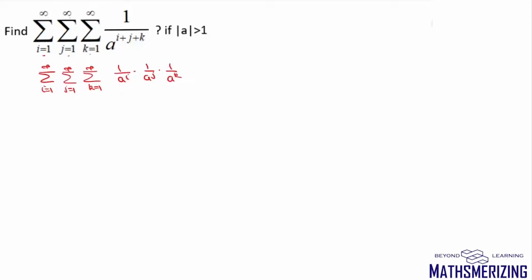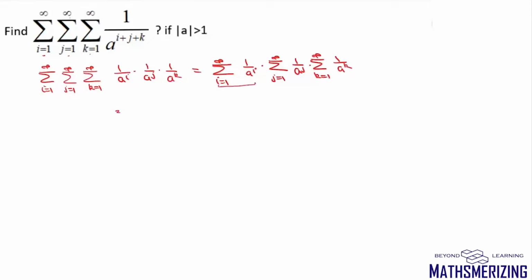So it is a case of multiple summation when the variables are independent. What I'll simply do is express it as summation i varies from 1 to infinity, 1 upon a to the power i, into summation j varies from 1 to infinity, 1 upon a to the power j, into summation k varies from 1 to infinity, 1 upon a to the power k.